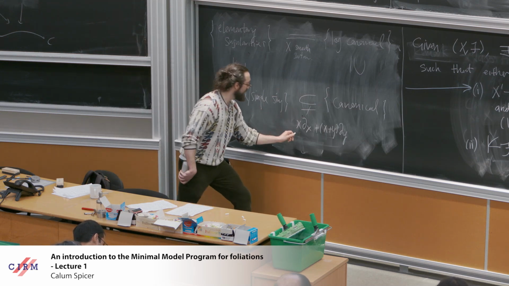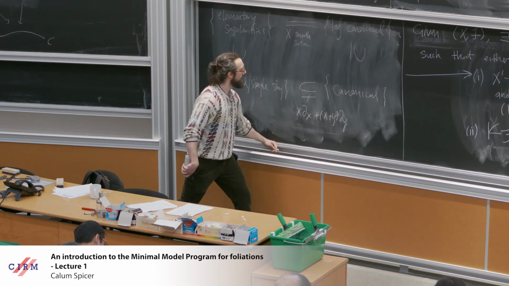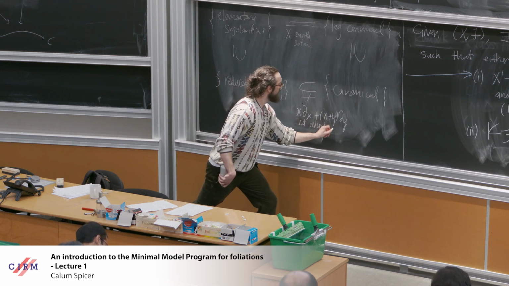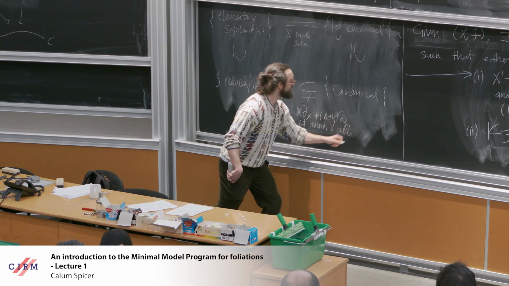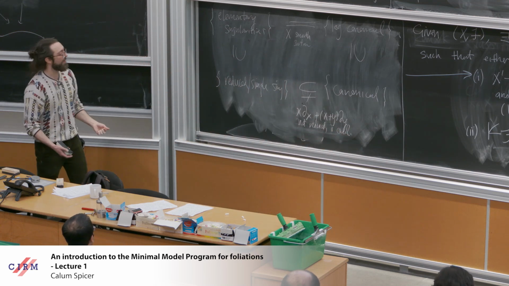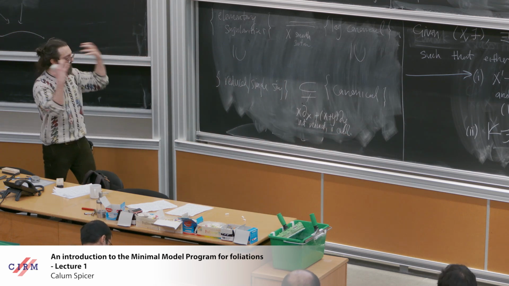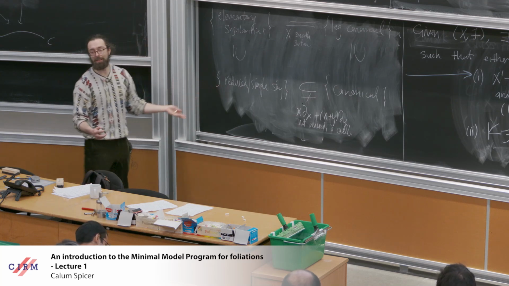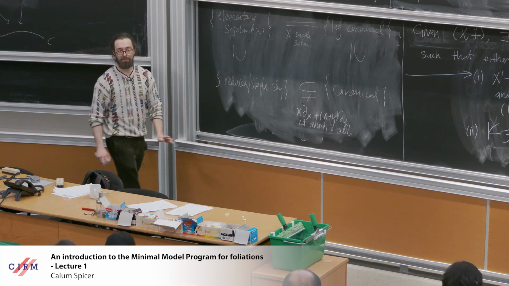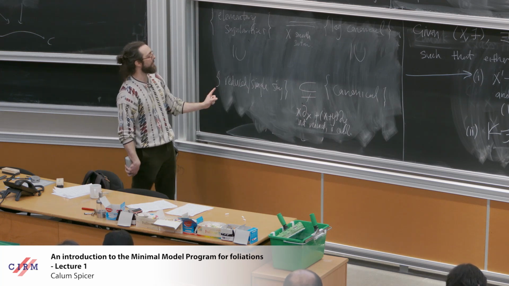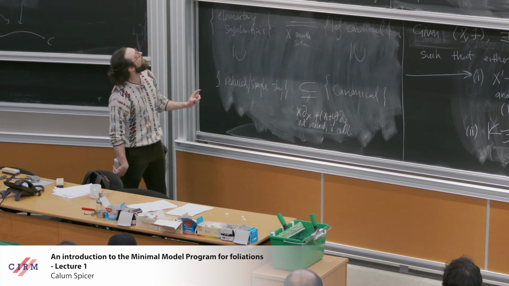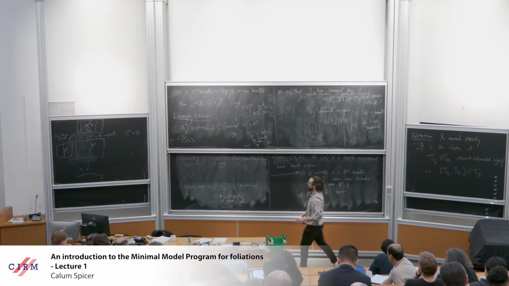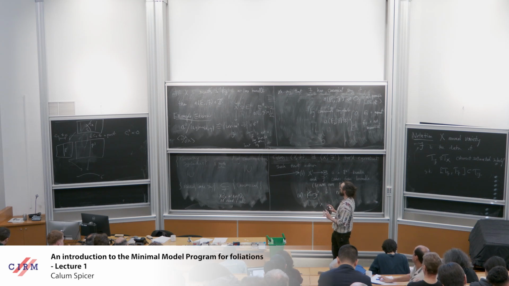So for the rest of these talks, if you want to think about what's going on when I say canonical and log canonical, you can replace those by reduced and elementary, and you won't lose too much of the picture. But the benefit is that we can work with singular varieties. Okay, I'm out of time, so I'll stop here, and thank you very much.